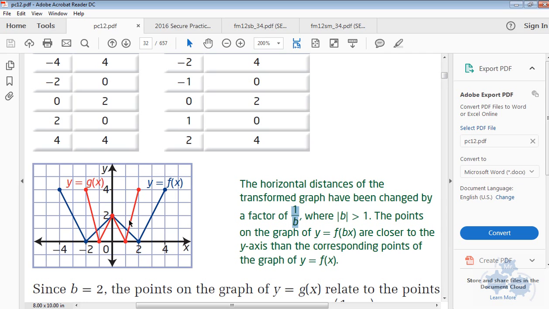So the big thing you want to remember is if b is greater than 1, it gets squished horizontally, or compressed horizontally. That means that each x value, so in this case for this point it's 4, the x value will be cut in half. Same y value, but the x is cut in half. See that? There's the new x value. This one right here is 3, so it gets cut in half to 1.5, and that's true. Everything gets squished up.